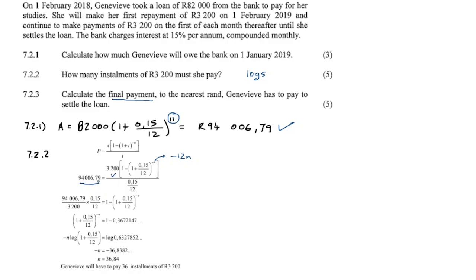I like what they've done of, as a first step, I times this fraction at the bottom up, I divide by 3,200. You're left at this stage. I personally don't like to work with the thing that I'm wanting, the n, being negative, so I would have also taken it across and gone 1 minus all of this.